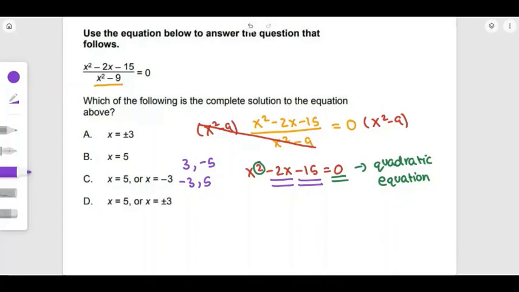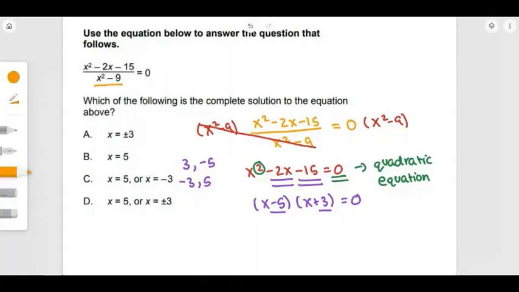The correct choices are x minus 5 and x plus 3. When we multiply negative 5 and 3, it gives us negative 15. And when we add negative 5 plus 3, it gives us negative 2. So those are the two correct factors.